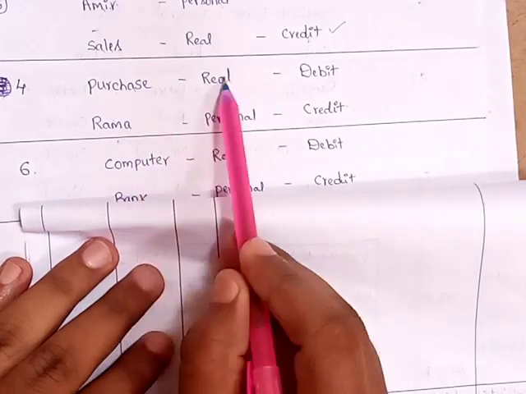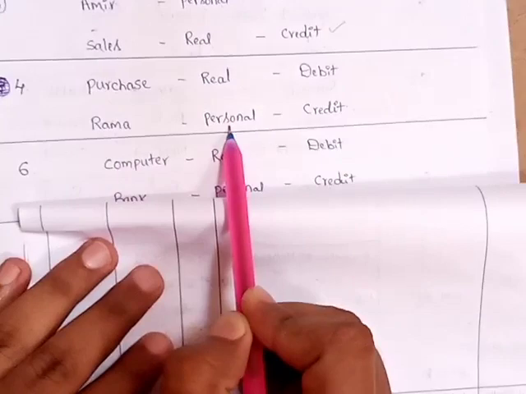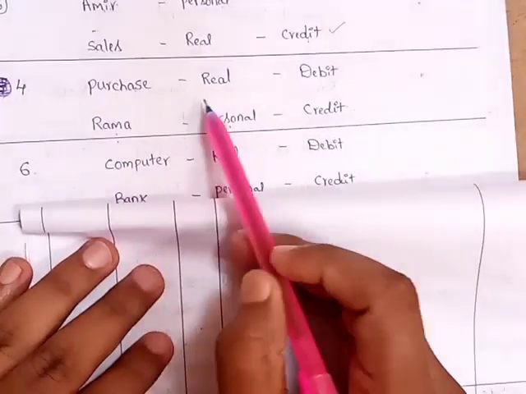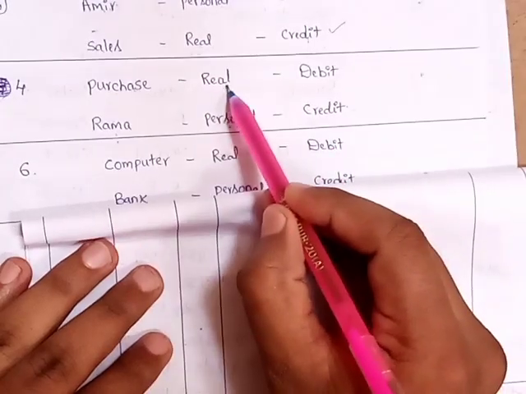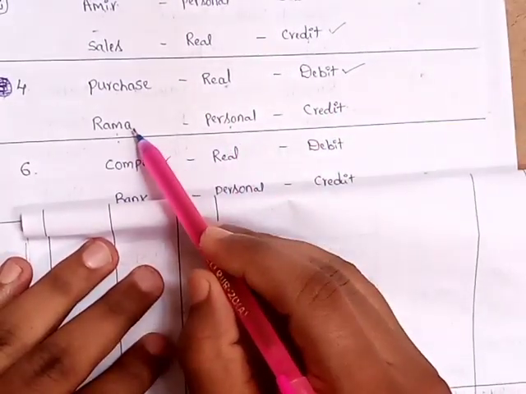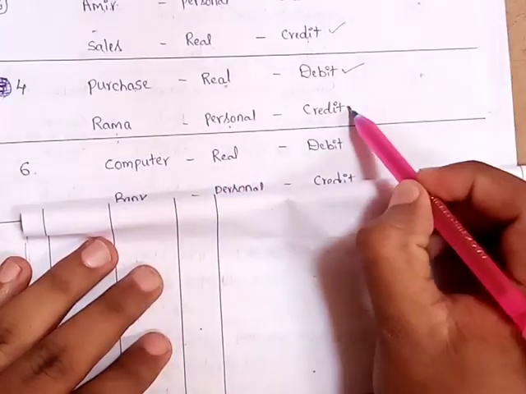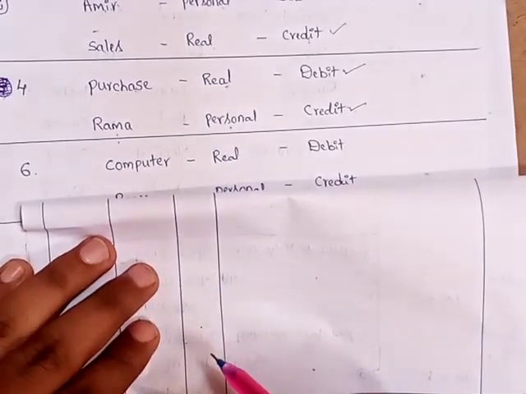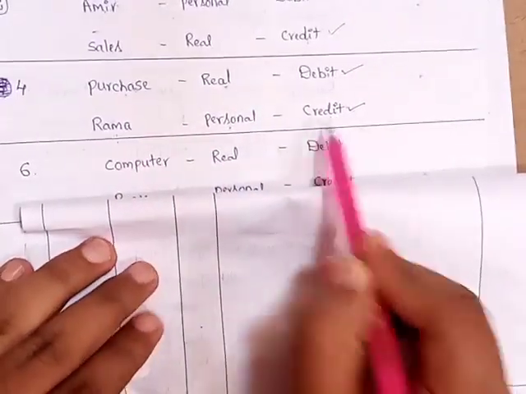Goods is an asset, that's why it's a real account, and Rama is a person, that's why personal account. When we purchase, goods come into the business. According to real account, what comes in will be debit. Here Rama is a giver, so according to personal account giver will be credit. So purchase is debit, Rama is credit.